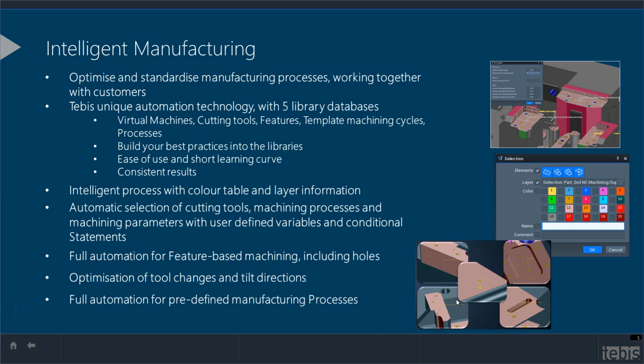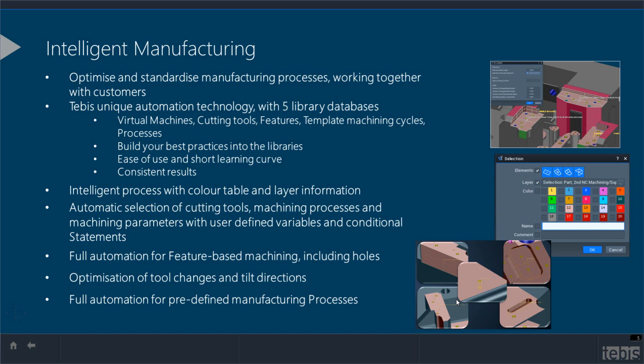Tebis has unique automation technology, including its virtual machines, cutting tools, features, and template machining cycles and processes, which are built into our 5 libraries. And all of these 5 libraries are your best practices, you the customer, not Tebis's best practices, but yours. So all of these as well give you ease of use and short learning curves and consistent results.